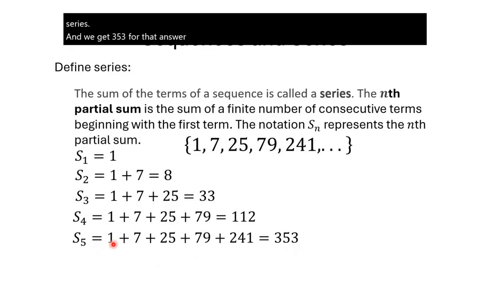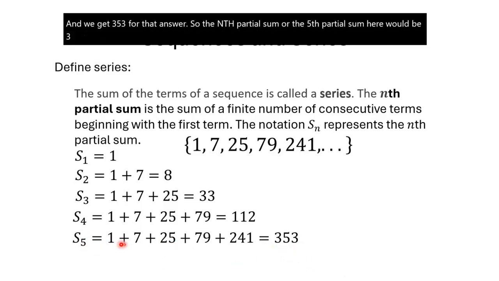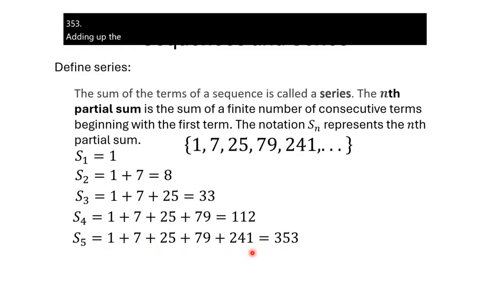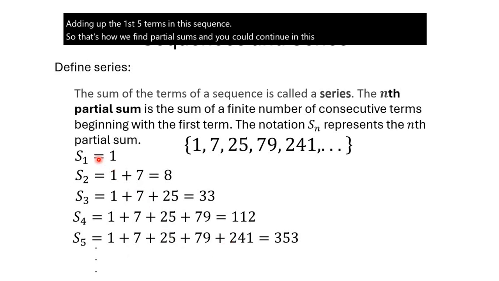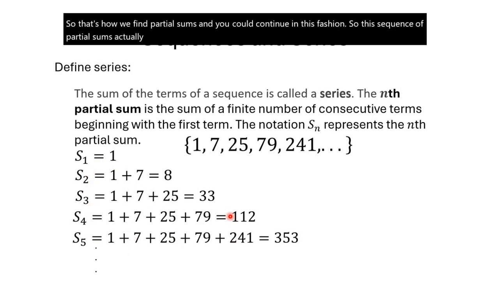So the fifth partial sum here would be 353. That's how we find partial sums, and you could continue in this fashion. So this sequence of partial sums actually creates its own sequence.